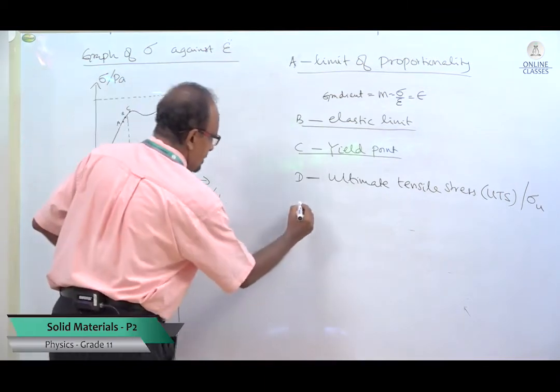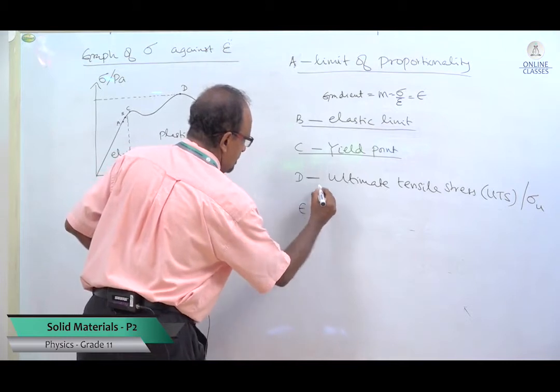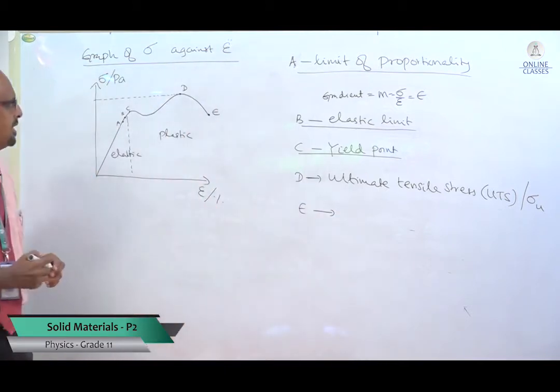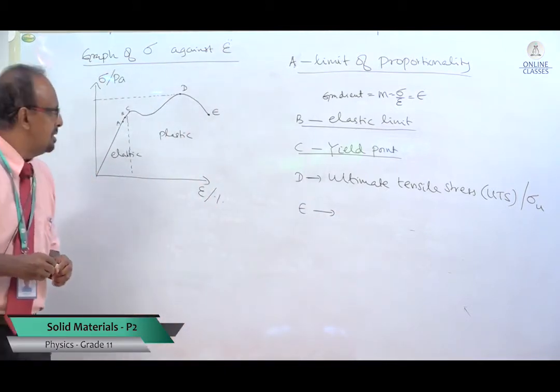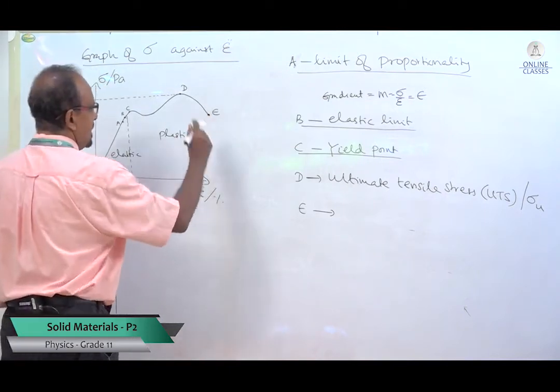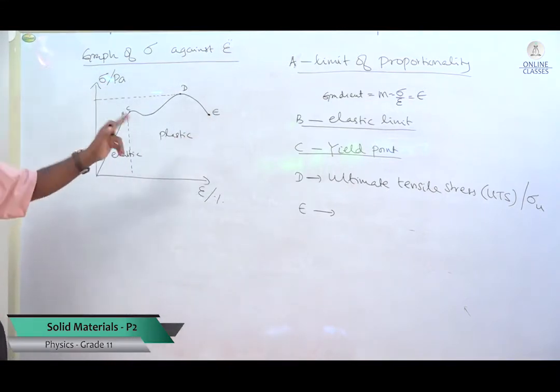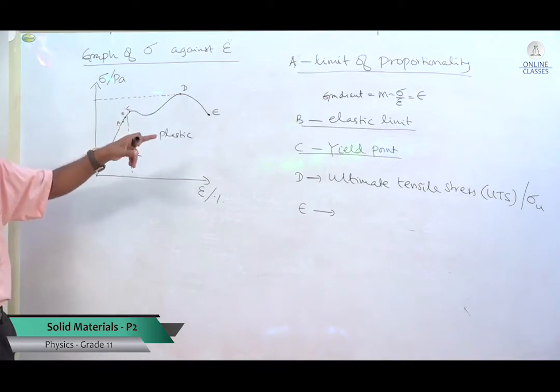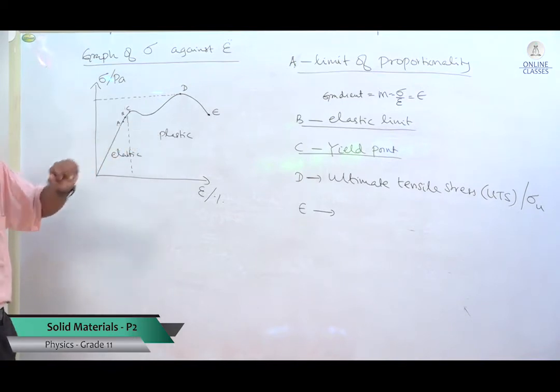Then we see what is meant by E. That is, E we are defining as breaking stress. The fracture is occurring in that place, so we can say that place is the fracture stress or breaking stress.